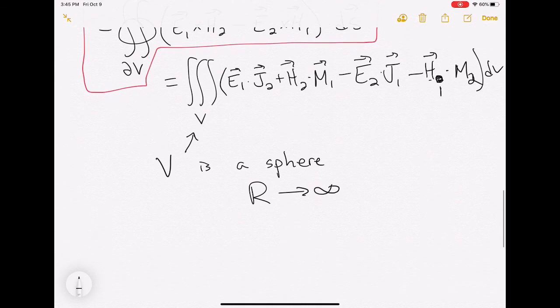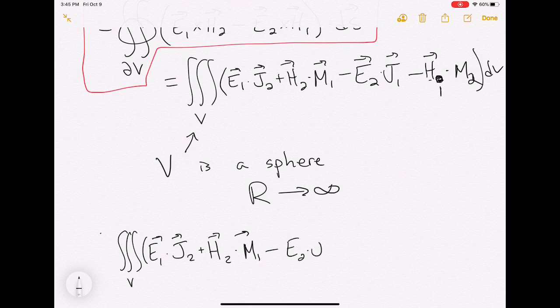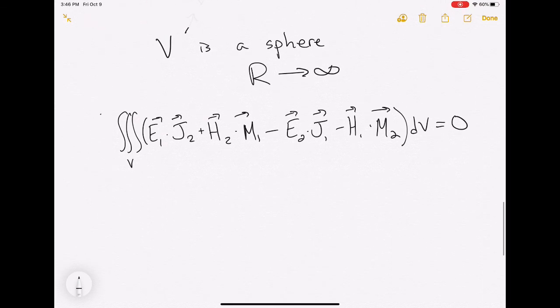And then we're left with that volume integral, which is equal to 0. More often, we express this as two halves of one problem.